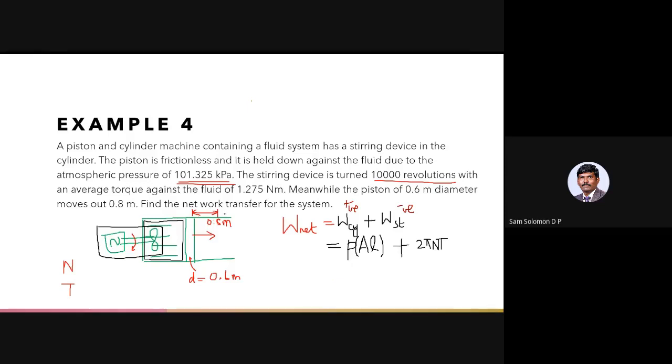When it is pushing, when it comes to 0.1 meter, the volume of the fluid also changes, the volume of the cylinder also changes. When it comes to 0.2, the volume of the cylinder also changes, the volume of the gas also changes. Are you able to understand? So when it comes to 0.8 meter, both the volume of the cylinder as well as volume of the fluid are the same.